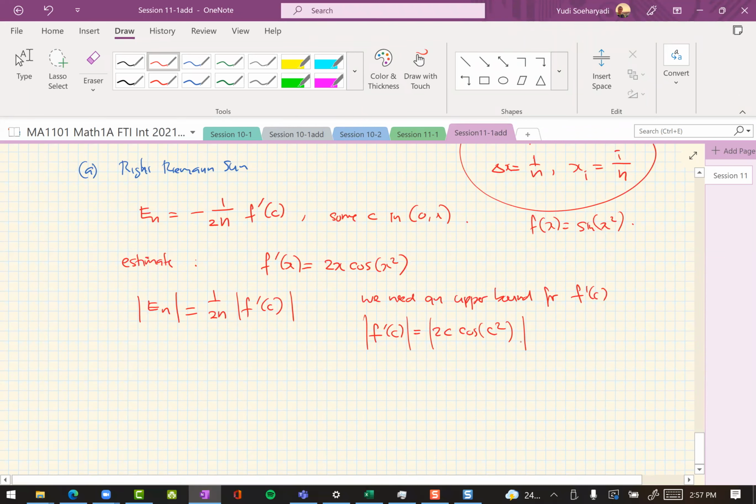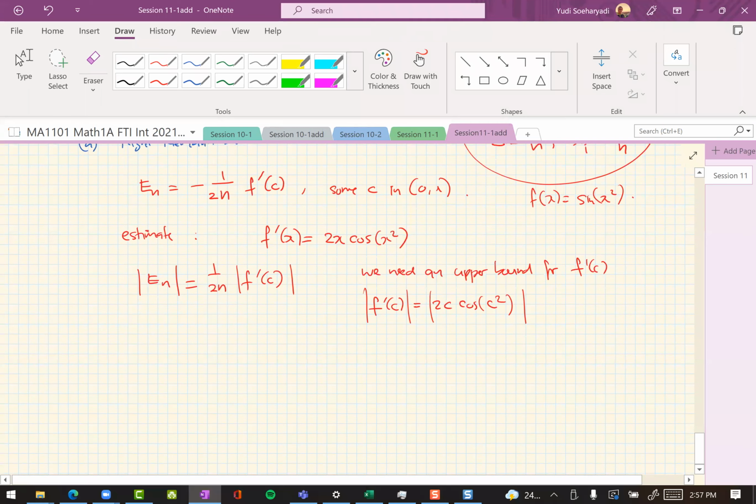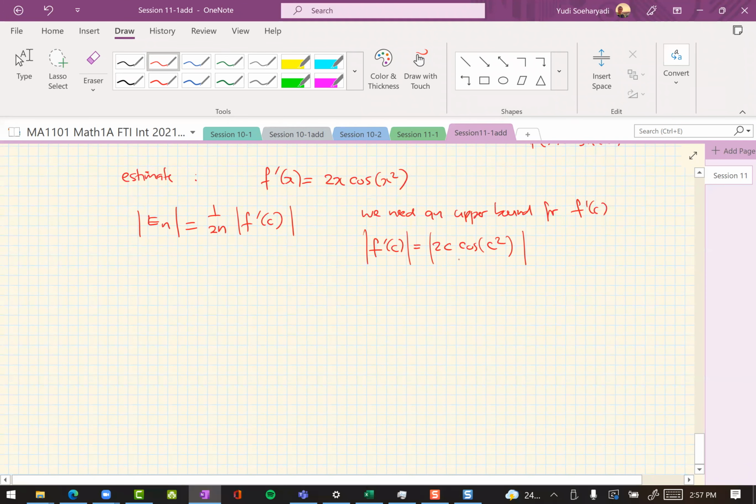We need to find an easy upper bound, of course, for 2c cosine c squared.